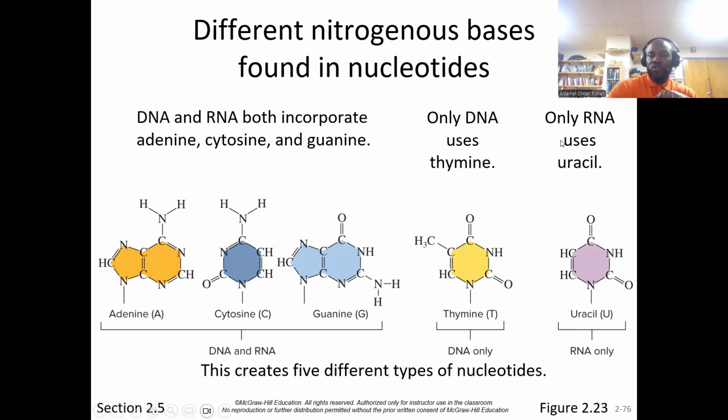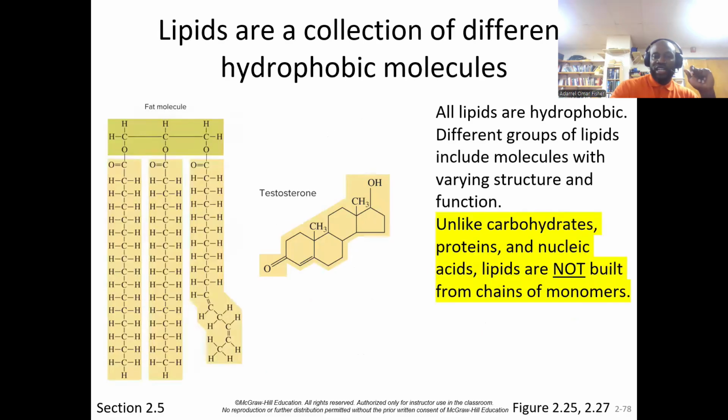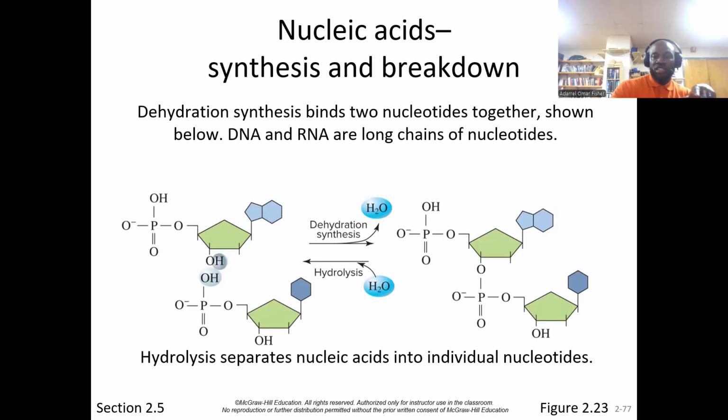So there are few differences in the nitrogenous bases. Again, you can have dehydration synthesis to bring the monomers together, hydrolysis to break them apart. You have these long chains of nucleotides, which make what is called DNA and RNA in our body.